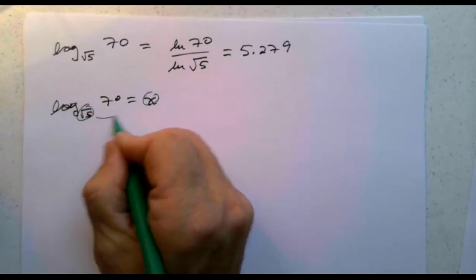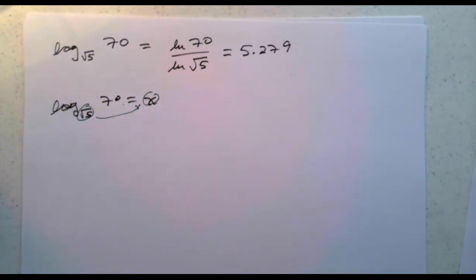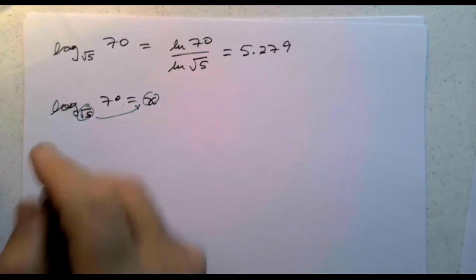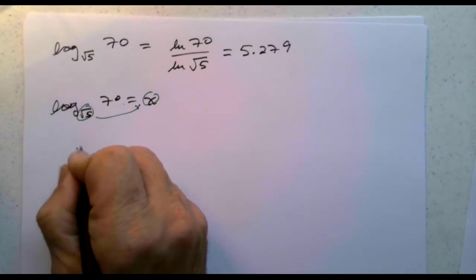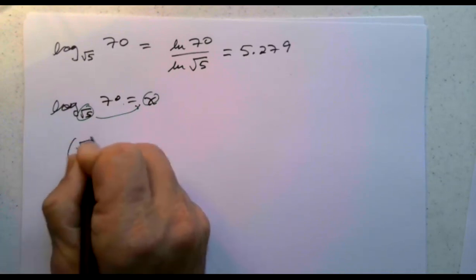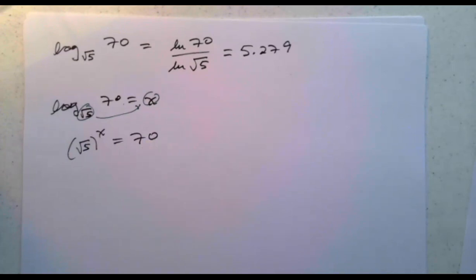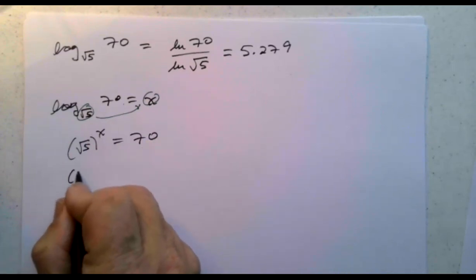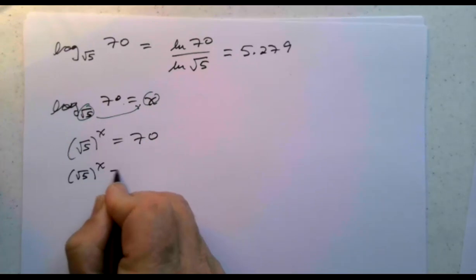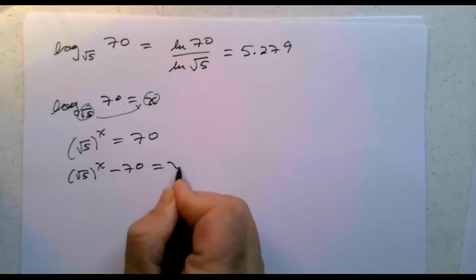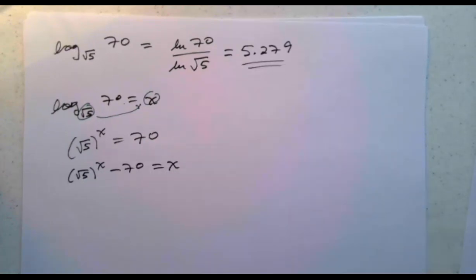Root 5 to the x equals 70. If I wanted to solve this on the graphing calculator, I would say root 5 to the x minus 70 equals 0. I hope my answer is 5.279. Let's take a look at the graphing calculator and see what we get.